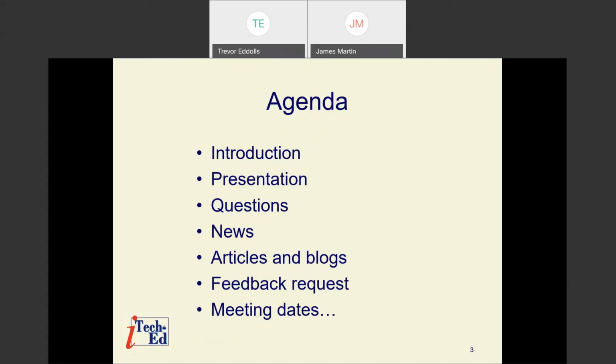So let's run through the agenda for this meeting. As usual, most of the meeting will be taken up with a presentation. And today our guest presenter is James Martin, Senior Solutions Advisor at Rocket Software. His talk is Performance and IMS, and he's calling it part 2 because part 1 was actually at the GSE conference in November.